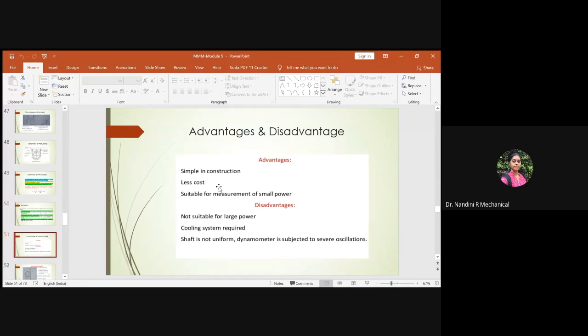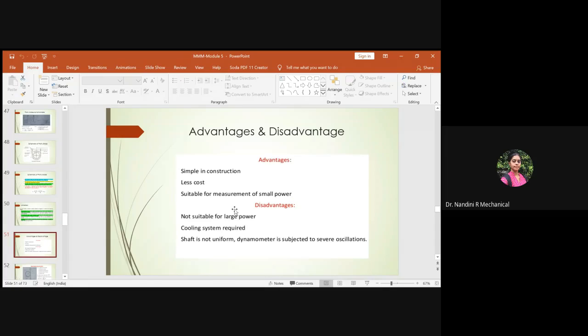It is suitable for measurement of only small amounts of power, as I told you while explaining its concepts.